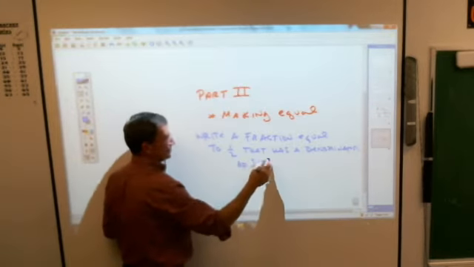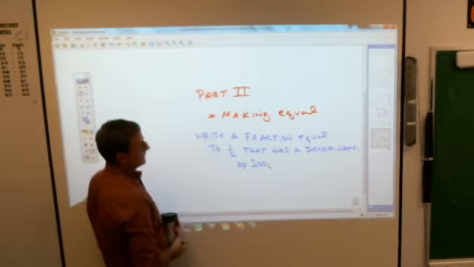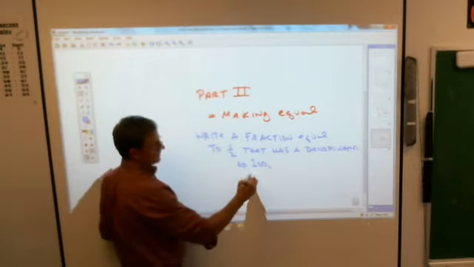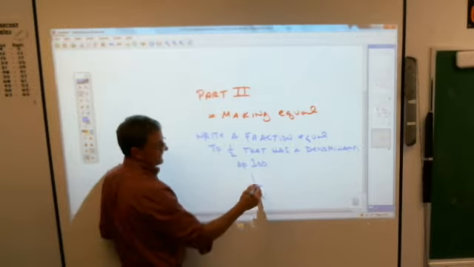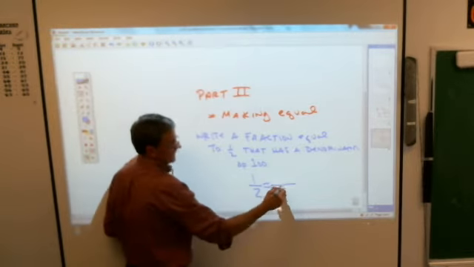And again, I know some of you are like, well, I don't read that, but this is what I need to see. What are they telling you? They're saying make a fraction that's equal to 1/2 that has a 100 on the bottom.